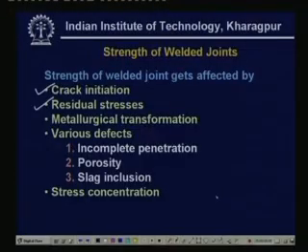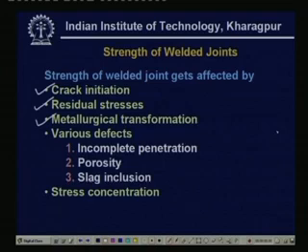Because of the non-uniform heating of the weldment, that is the parts which are to be joined by welding, sometimes we get stress, and this stress is very dangerous because it may lead to cracks, as I have told just now. Then metallurgical transformation may take place.